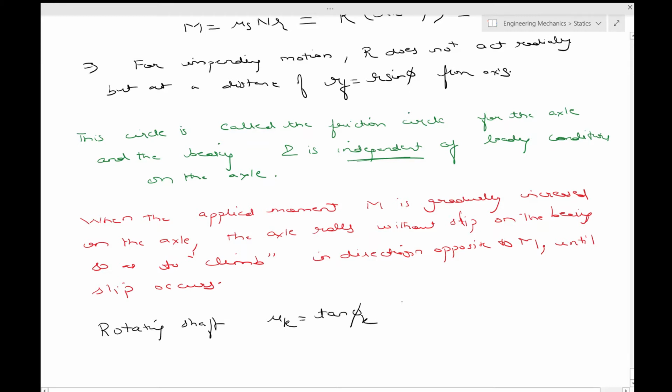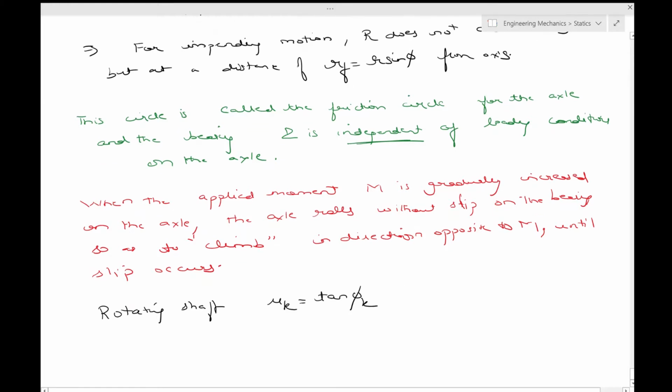So mu k is the kinetic coefficient of friction, then the radius of friction is r sin phi k. This will be smaller than r sin phi.